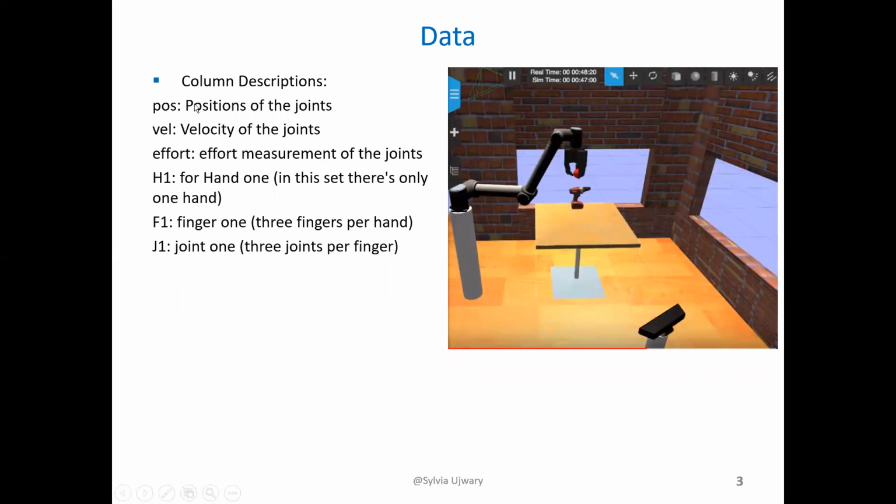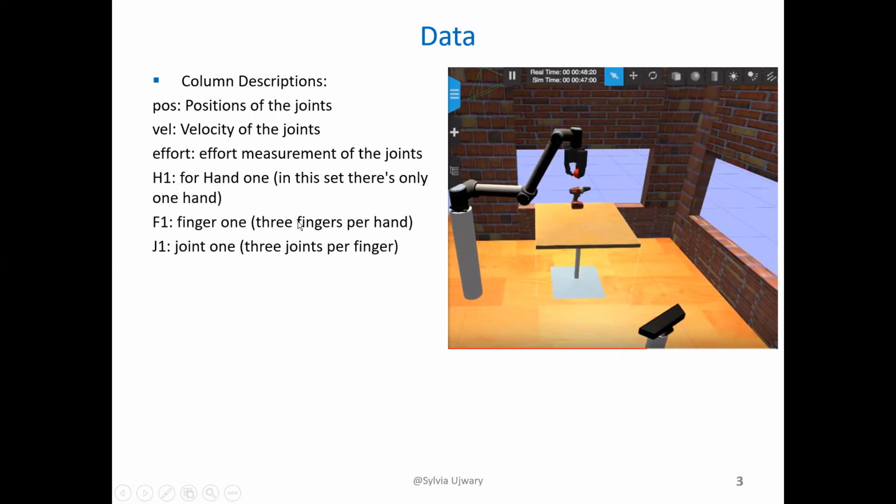Okay, so the variables that we're looking at while this grasping is happening are the position of the joints, the velocity of the joints, and the effort measurement of the joints. So the columns are labeled according to hands, fingers, and joints. In this data set, there's only one hand doing the grasping.